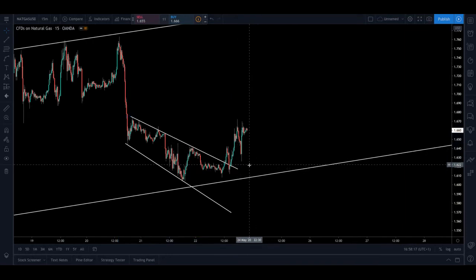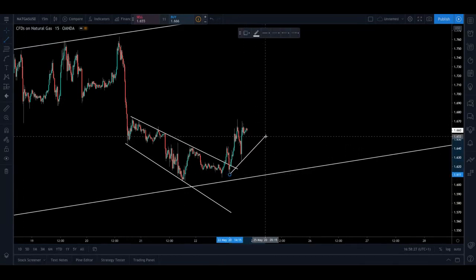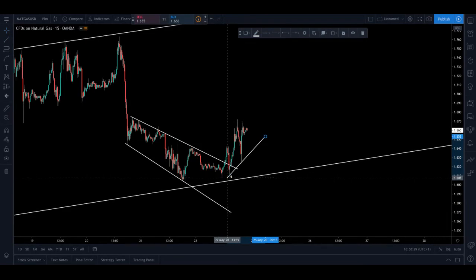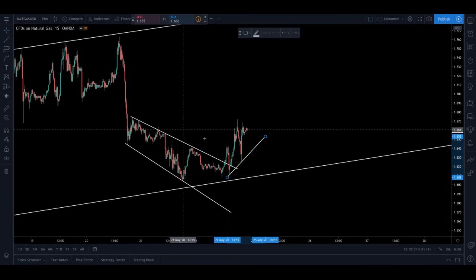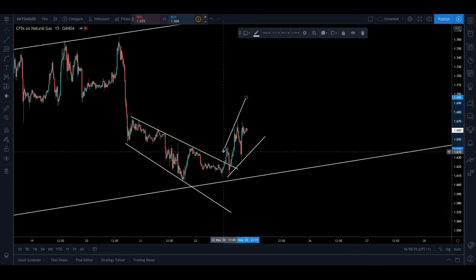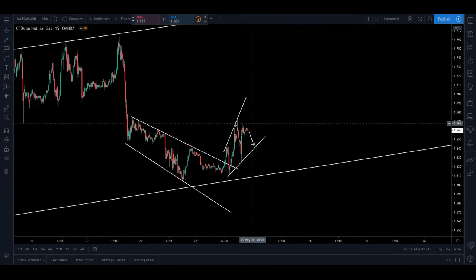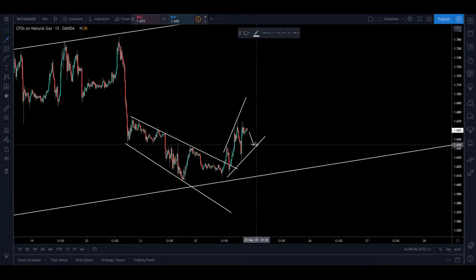As you know me, I'm only 14 years old, and I can already do this, so any skill level trader can identify key structures. As you can see here, another possible expanding pattern. So yeah, just keep looking at possible levels where price could react to.